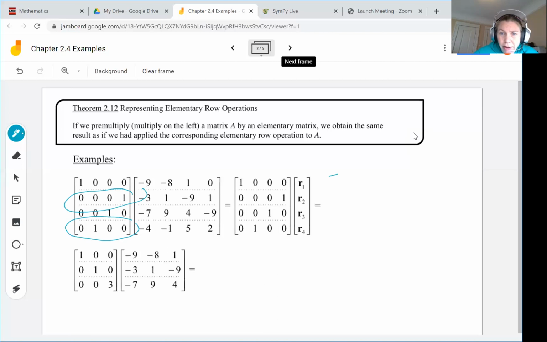Our resulting calculation, which you could verify with technology using SymPy or some other matrix multiplication, is going to switch rows 2 and 4. So our result here is row 1 unchanged. Let's space these out a touch more.